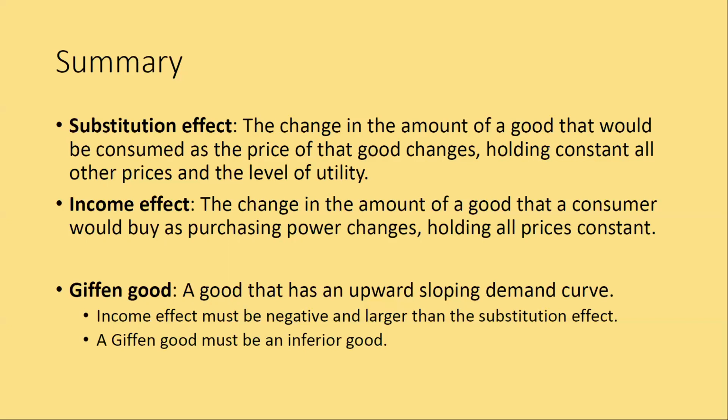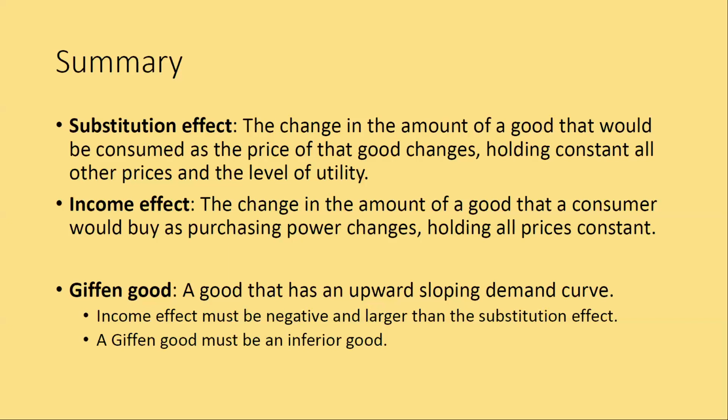All right. And lastly, we talked about a special kind of good, which is Giffen good. A Giffen good has an upward sloping demand curve, which is to say that when the price of the good increases, consumers consume more of the good, while when the price of the good decreases, consumers consume less of the good. This is only possible when the income effect is negative and it is larger than the substitution effect. So I probably shouldn't have put negative over here. I will change the slide I upload onto iLearn later on to make this more precise.